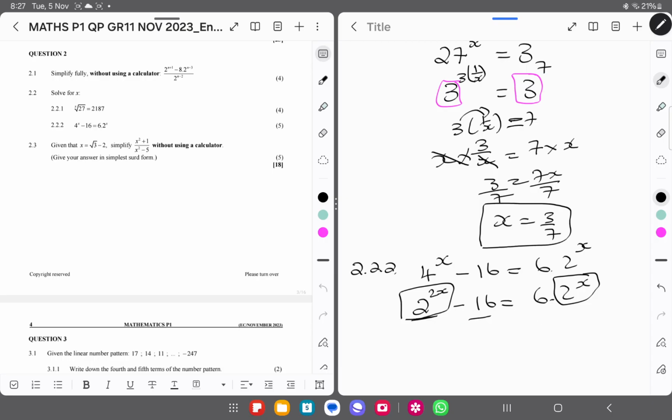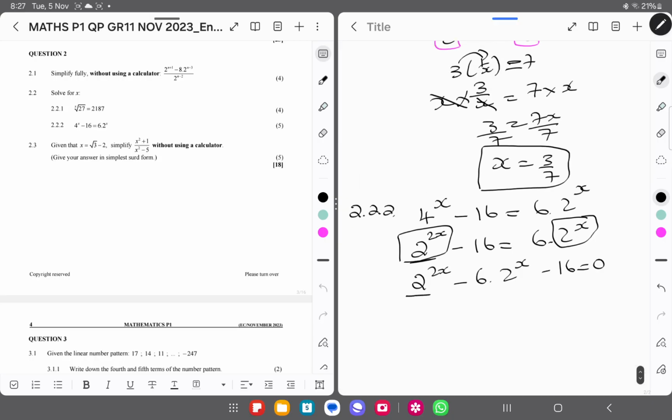This tells me that this is more like a quadratic, ax squared plus bx plus c equals 0. So I take this one to the other side. I'm going to have 2 to the 2x minus 6 times 2 to the x minus 16 equals 0. I see this is like x squared, this is like x, and this is like your constant.